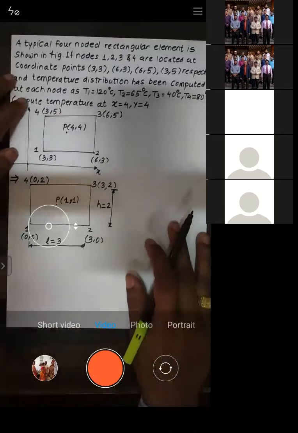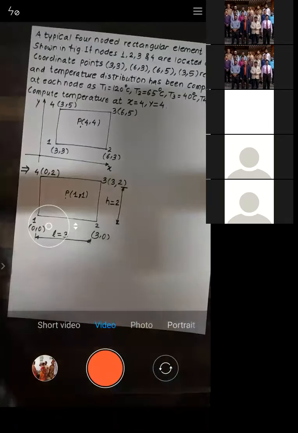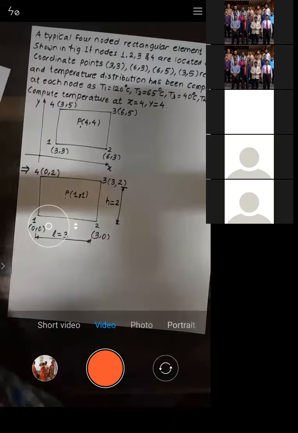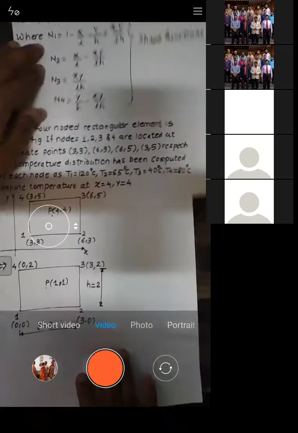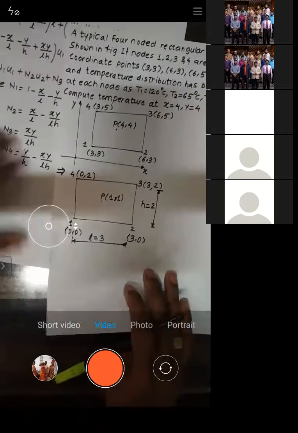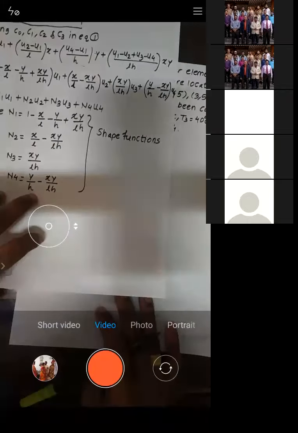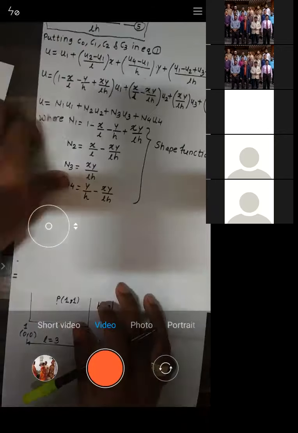Now, can you calculate the shape function N1? Just a time before we have written it. How did we write N1? It is 1 minus x by L minus y by H, plus xy by LH. Yes or no?